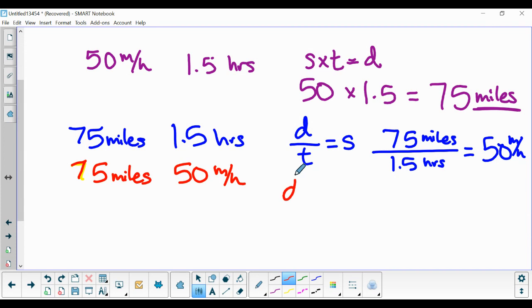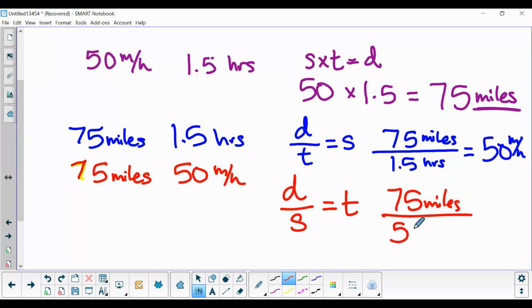I'm going to take my distance divided by my speed to get my time. So I'm going to take 75 miles divided by 50 miles per hour, and my final time will be 1.5 hours.